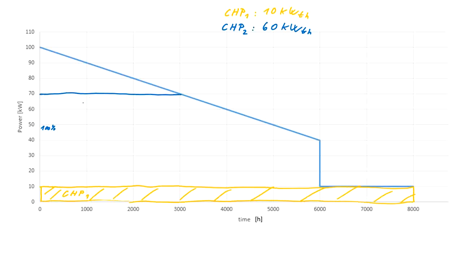It would be running on the full power for 3000 hours a year. And then for the rest of the heating period, which is another 3000 hours, it would be running at part load down to 50% of power output. So it's the CHP2.